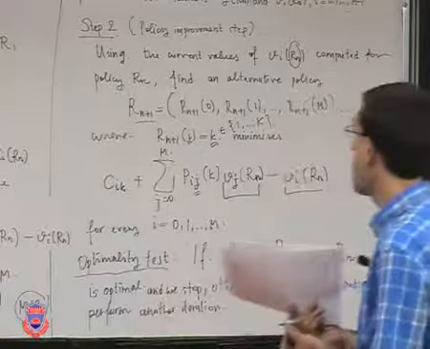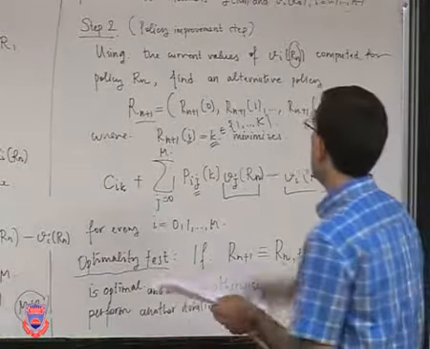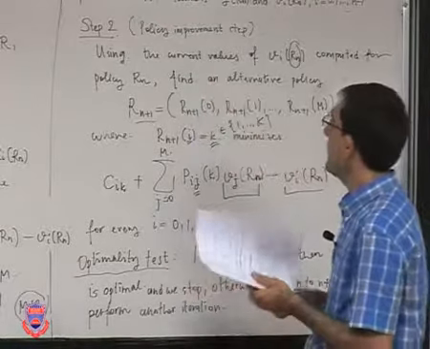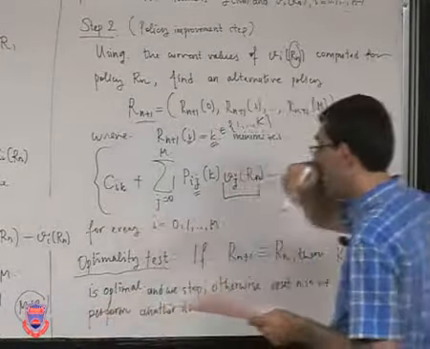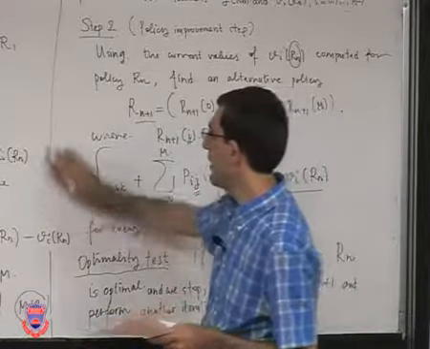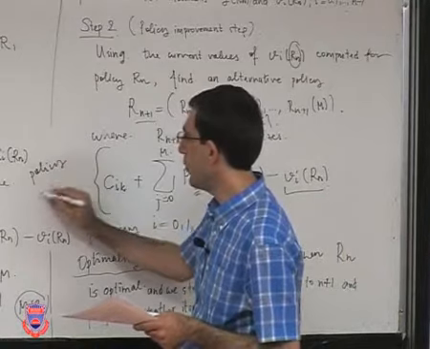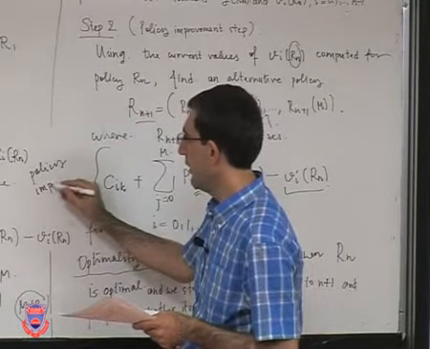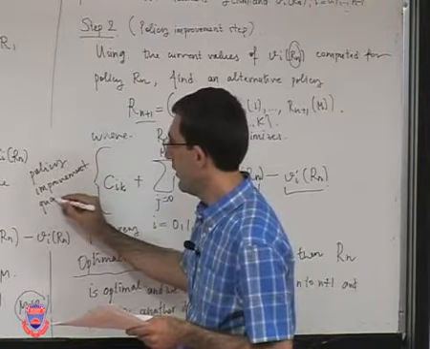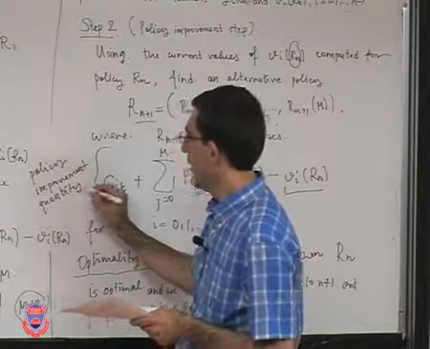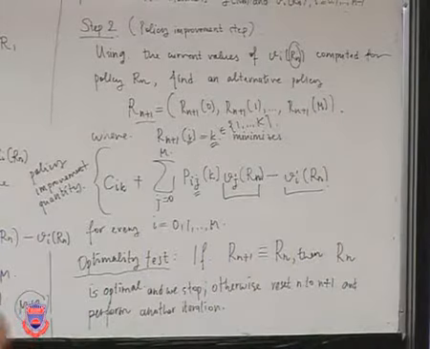Now, let me explain. This step is called the policy improvement step, and this quantity here is also sometimes called the policy improvement quantity. And the reason is this.